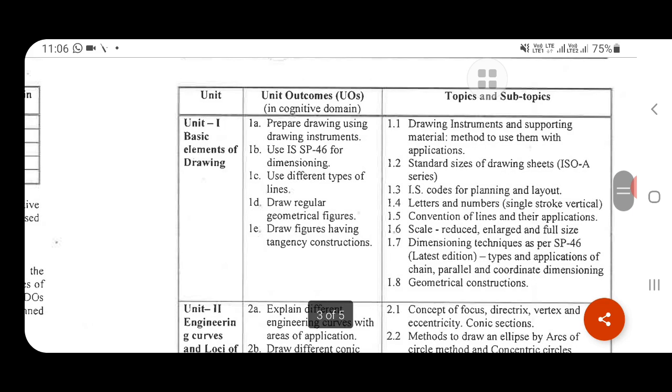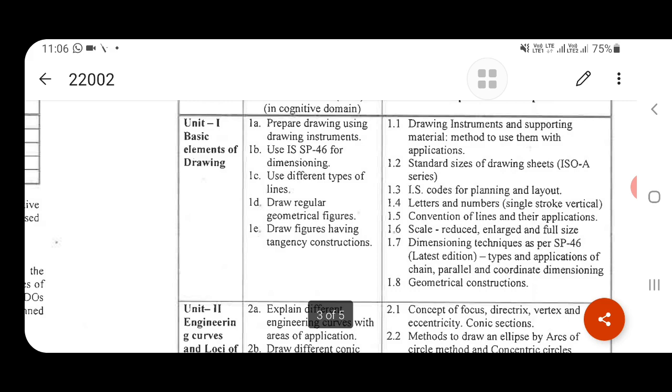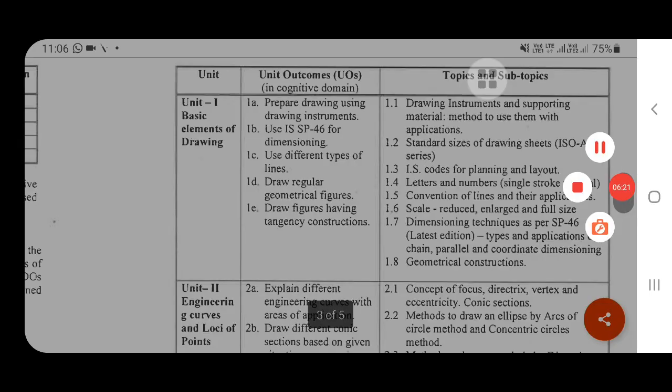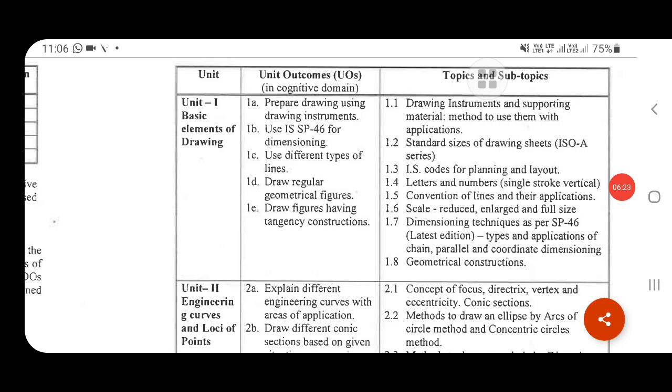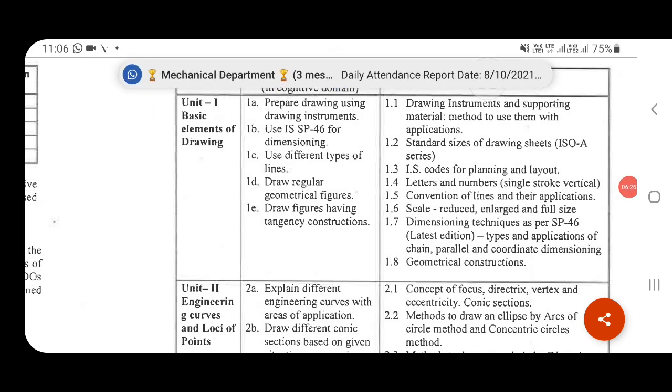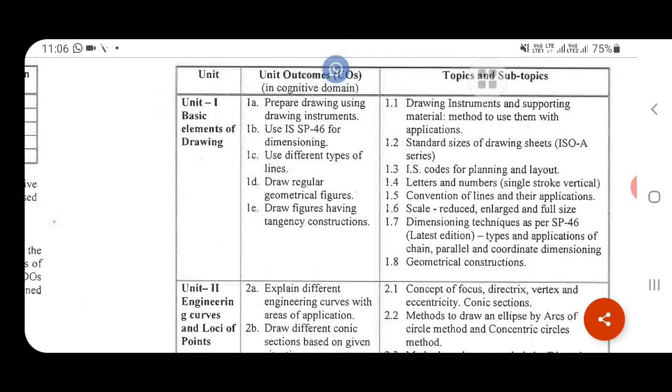In it, 1.1 is drawing instruments and their materials, how to use them, how to identify them. Then the standard sizes of drawing sheets used in drawing. Next, letters and numbers.